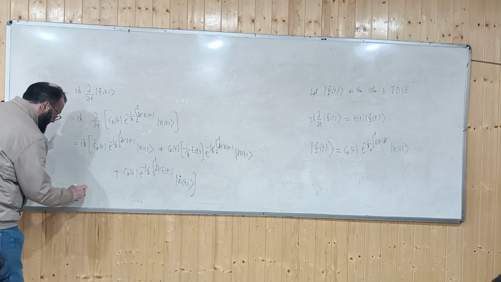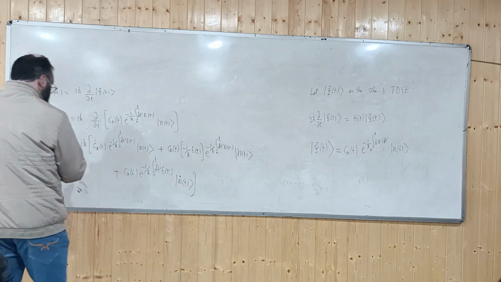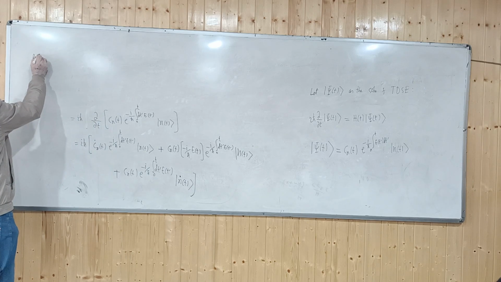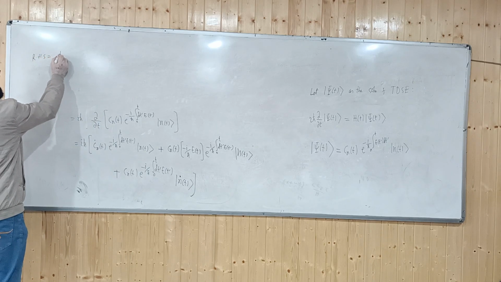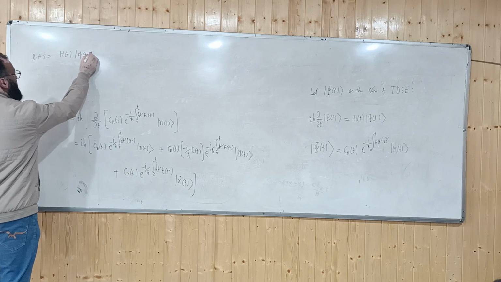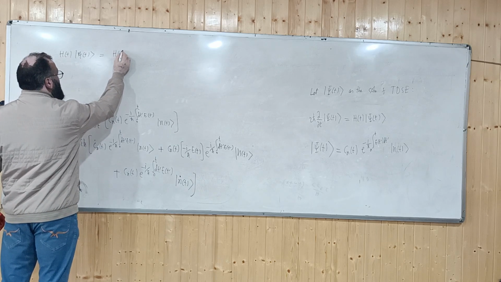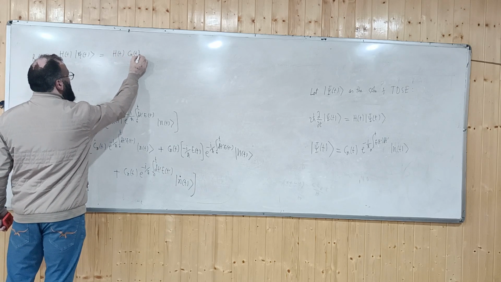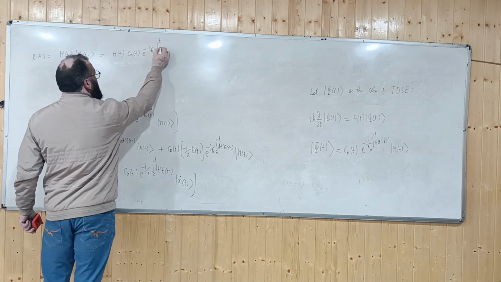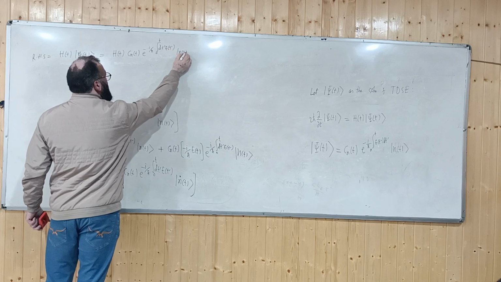So this is equal to RHS. Okay, so let me write the RHS part. The first step we can erase. So what is our RHS? H of t psi of t. Clear? So what is that equal to? It is H of t Cn of t e raised to minus i by ħ integral 0 to t dt prime En of t prime and |n(t)>.